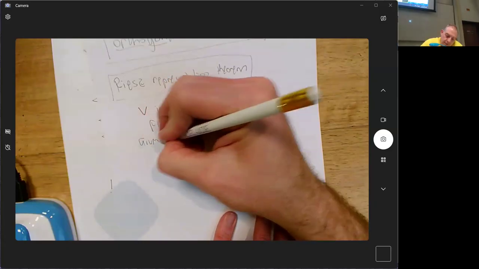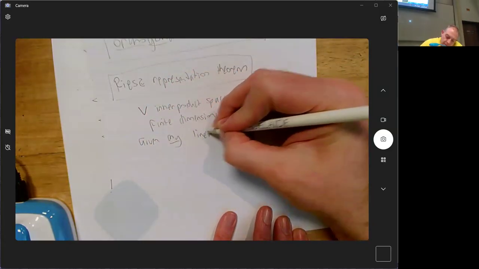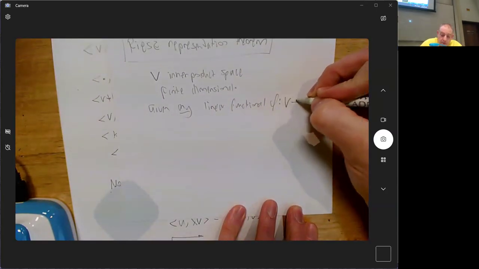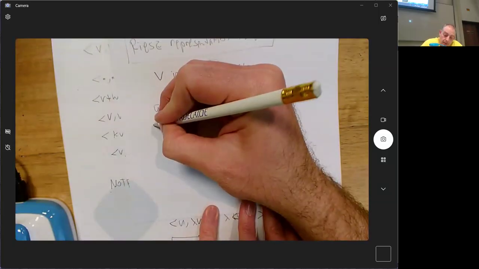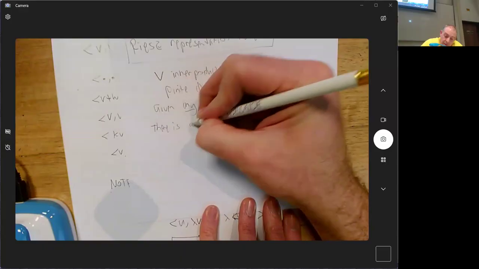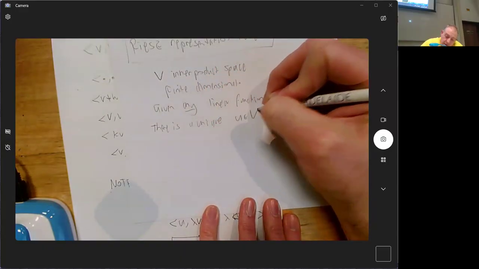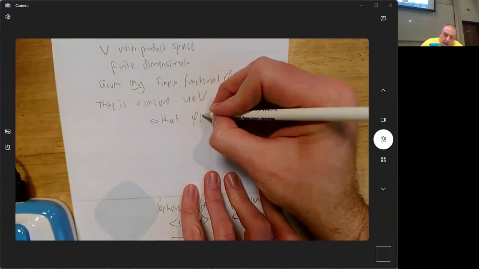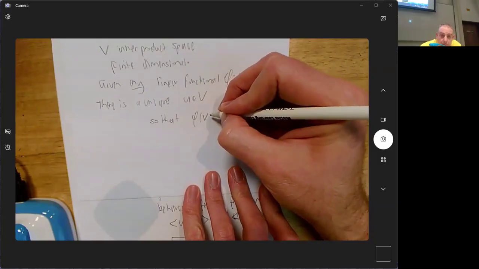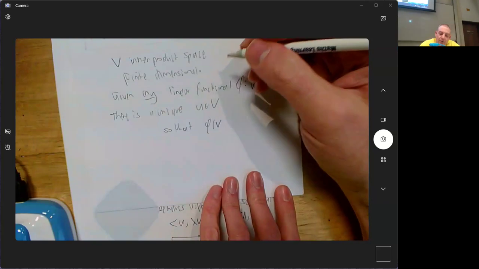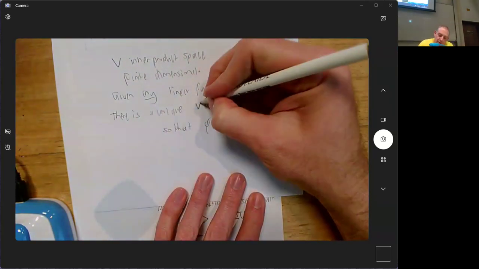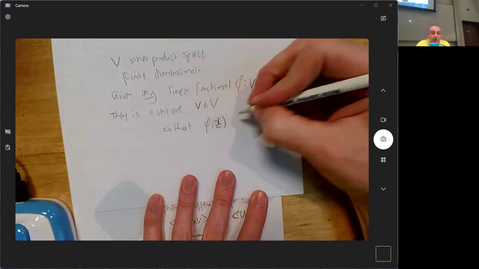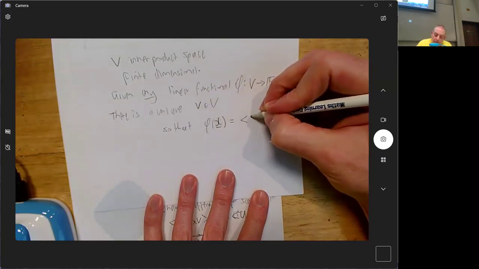Given any linear functional phi, which sends V to the field, there is a unique v in V such that phi of any vector, I'm just going to call it x if that's okay, it's just easier for me to process, phi of vector x is the dot product of x with v.